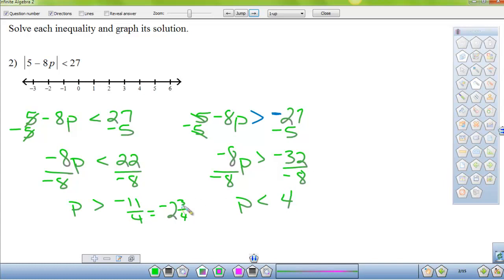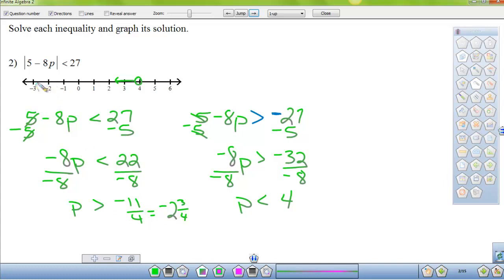Now I'm going to put both of these on the same number line. Numbers that are less than 4, let's start with that one. Since it's not included, it will be a hollow circle around the 4, and I'm going to go to the left, and I'm not going to go all the way yet because sometimes these overlap, as in this case. P is greater than negative 2 3/4.